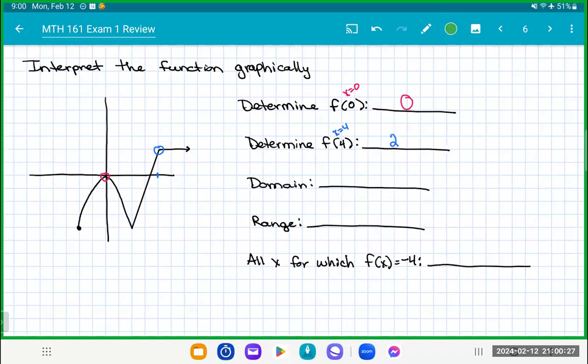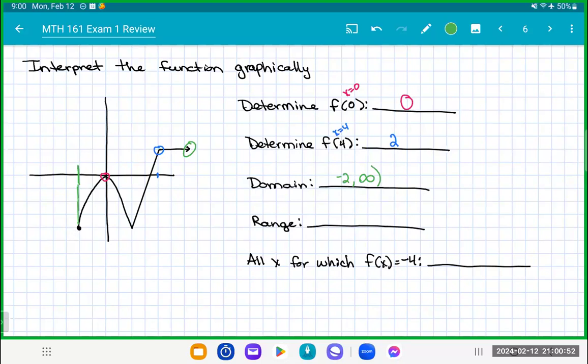My domain, that is my x value. You can see x clearly stops right here, but it goes all the way to infinity. So my x value can be as small as -2, but it goes all the way to positive infinity. Remember, infinity always gets parentheses because you can't pinpoint an exact value.